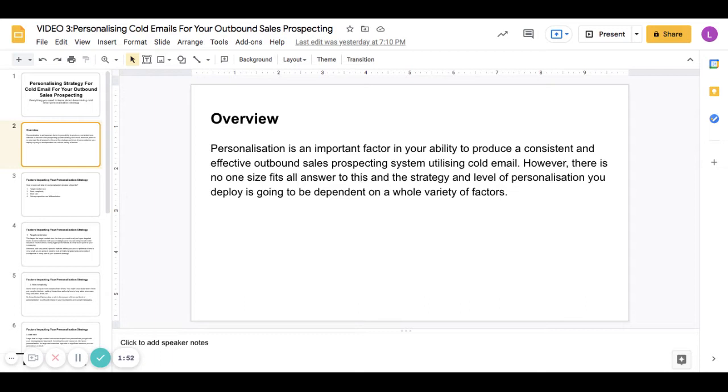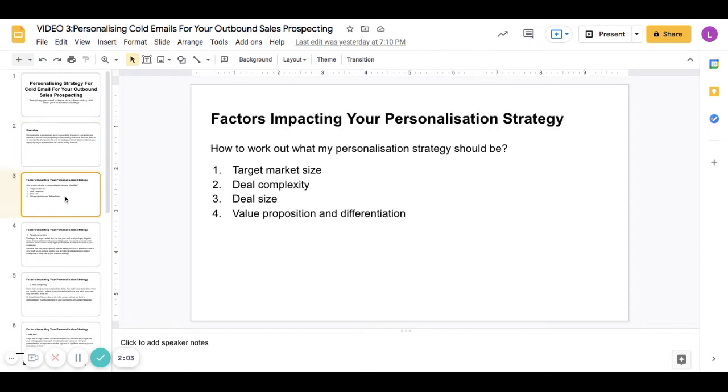So hopefully this will be something new for you and something that's really going to get you thinking about personalization strategy in ways that you probably hadn't thought of before. That's my aim anyway.